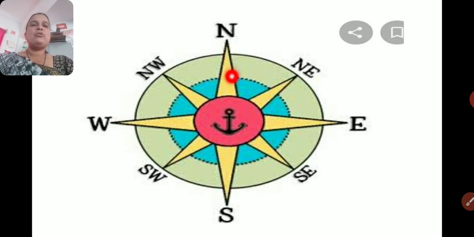Because of that, with the help of the north-south direction of this needle, we can easily find out the other two directions, east and west, and it also helps us find intermediate directions.